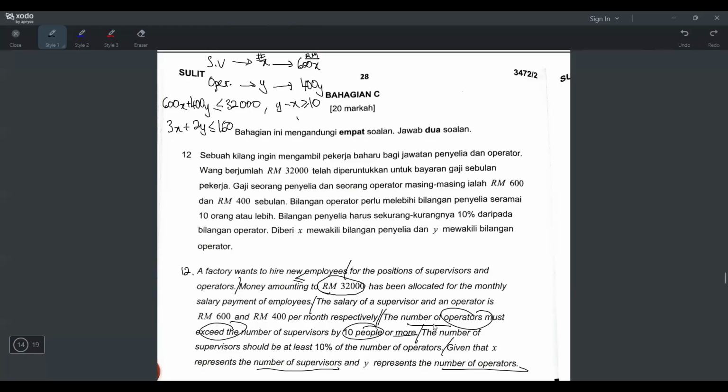Because it's saying that the operator must exceed the number of supervisor by 10 or more. It means if you take y minus x, the difference must be 10 or more. The y must be bigger, and the difference has to be 10 or more.